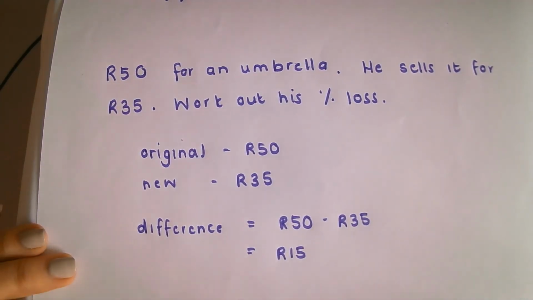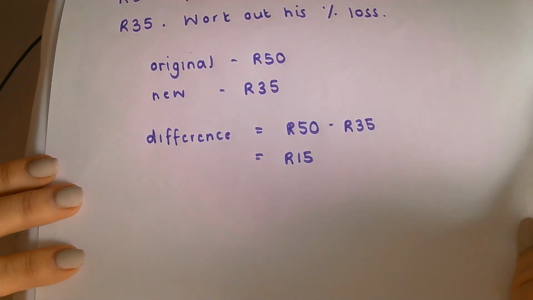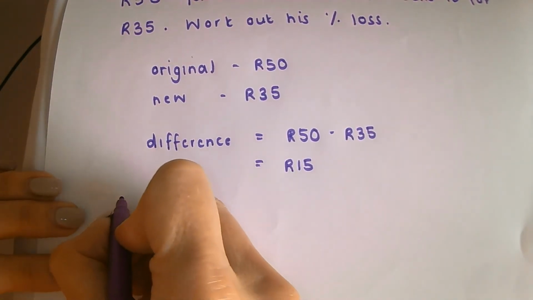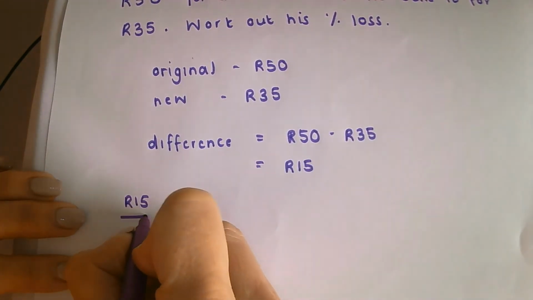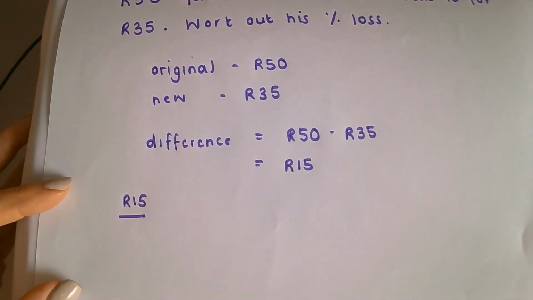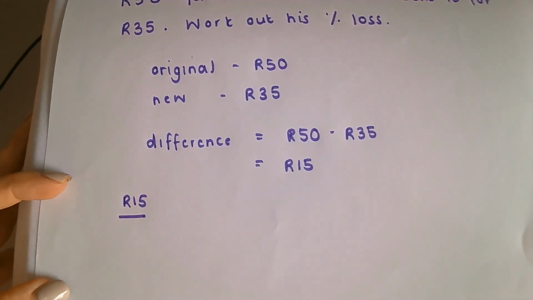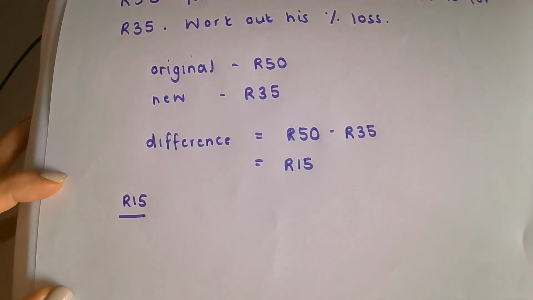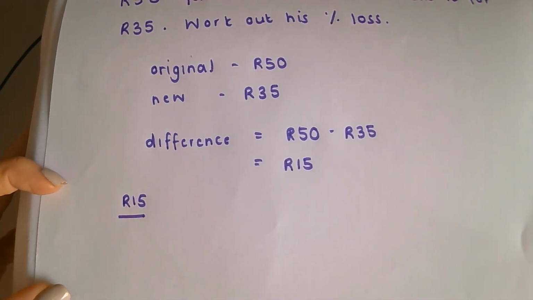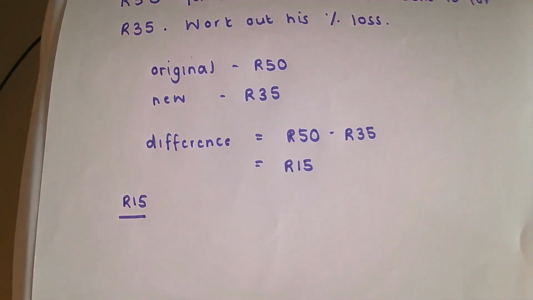Now what do we do? Remember, we take that difference and we put it over the original amount. The original amount is the amount that you used right in the beginning, the number that you bought from the shop initially. So say this man, with his shop, must have bought a whole lot of umbrellas for 50 Rand each, trying to sell them for maybe a little bit more.